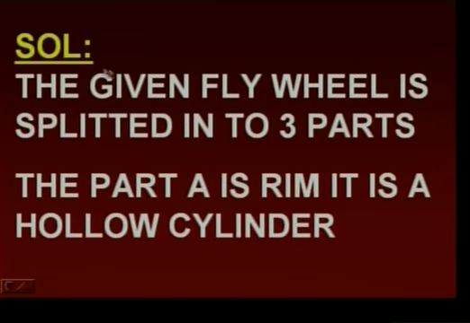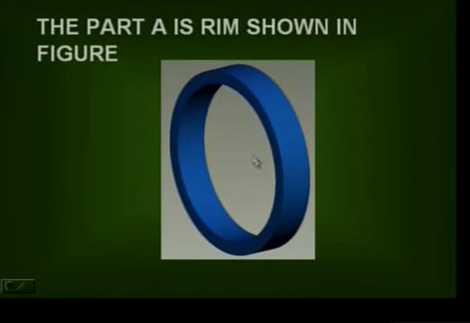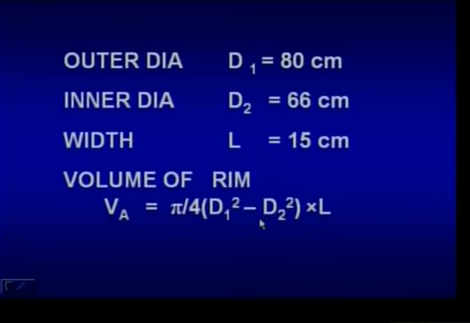Now, this problem will be solved as follows. The given flywheel consists of three parts. The part A, which we already explained, is the rim. The rim is a hollow cylinder, its isometric view is shown in this figure. Outer dia D1 of this rim is 80 centimeters, inner dia D2 is equal to 66 centimeters, width is taken as L is equal to 15 centimeters.